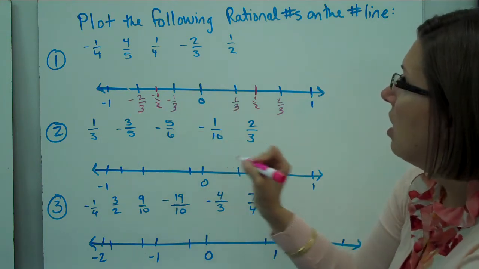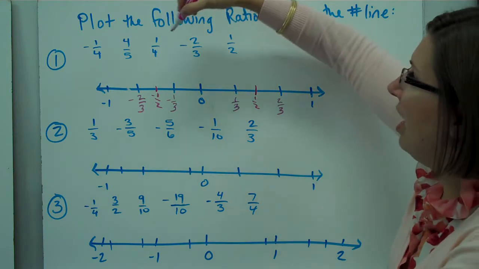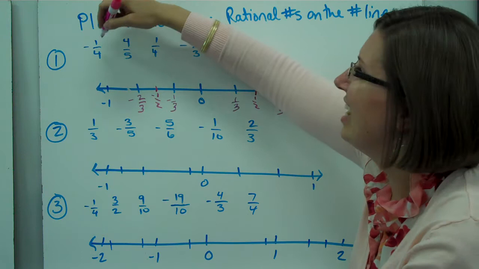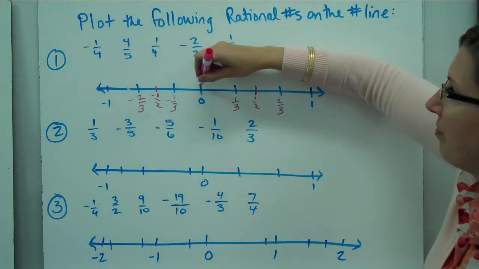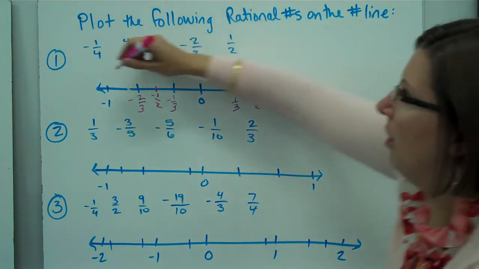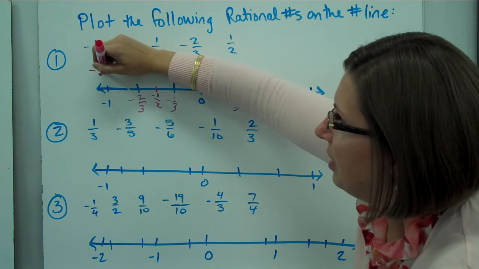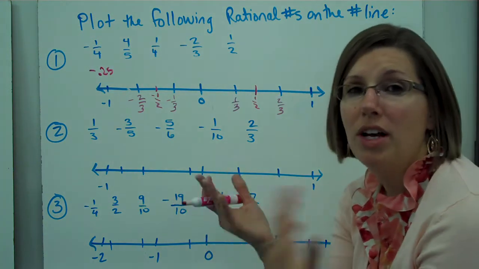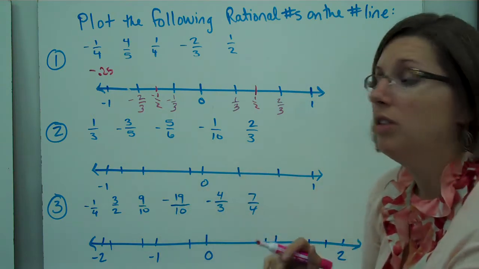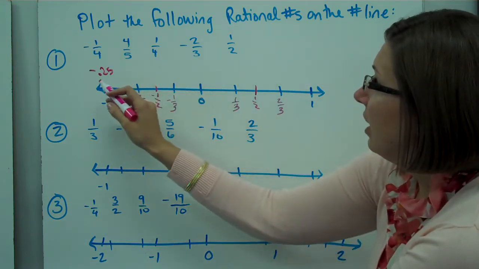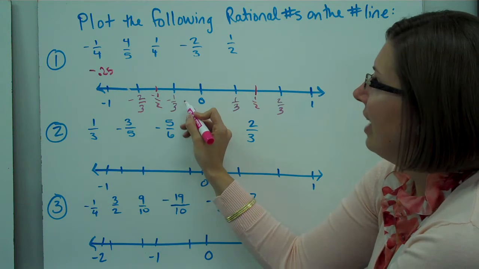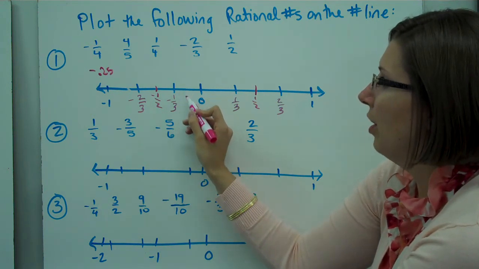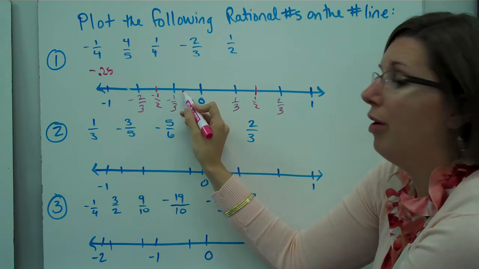So let's plot. I'll just go from the first one to the end. Negative 1/4, okay. Negative 1/4 is the same as negative 0.25. I know that because I've memorized very common fraction decimal conversions. Negative 0.25 is not yet close enough to 1/3. That's not exactly 1/3, but it's not more than 1/3.